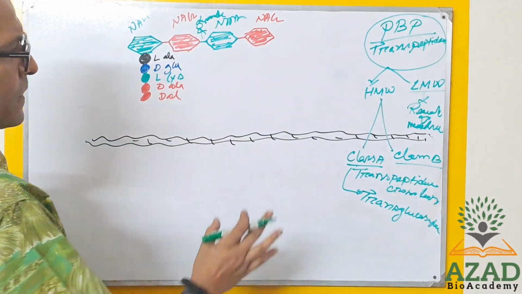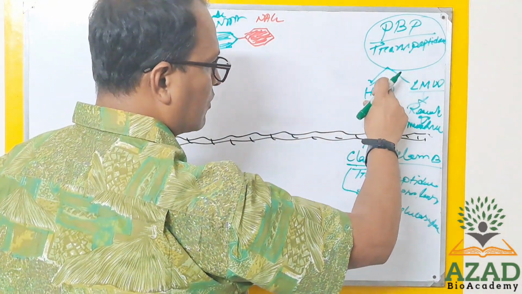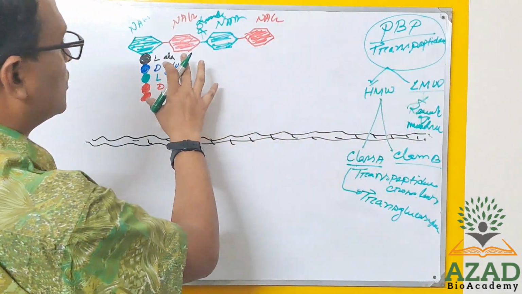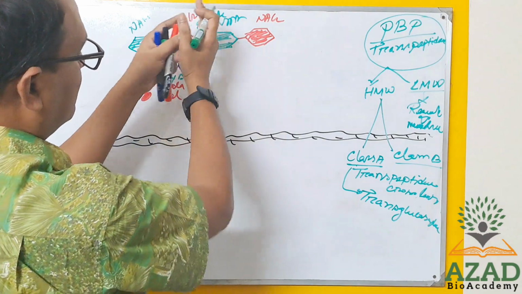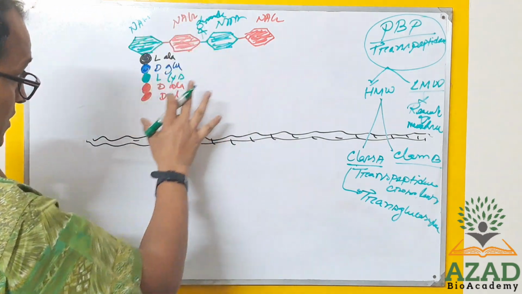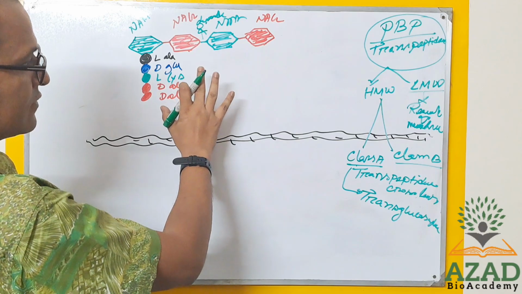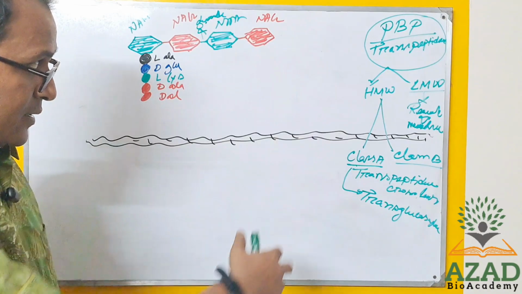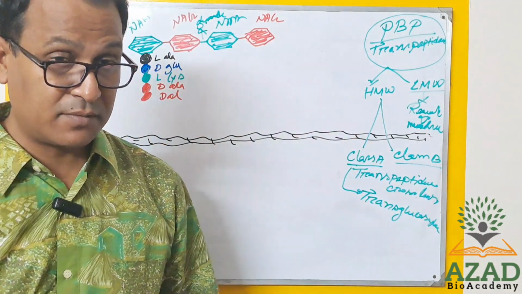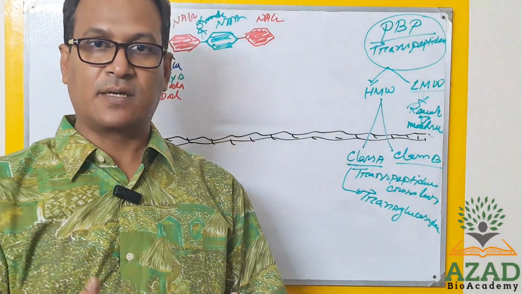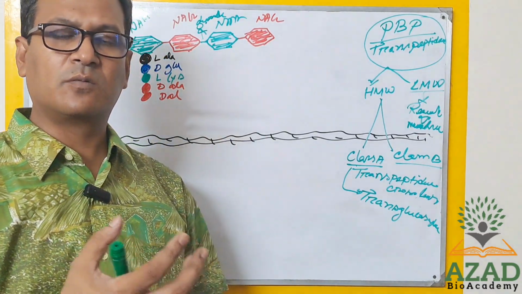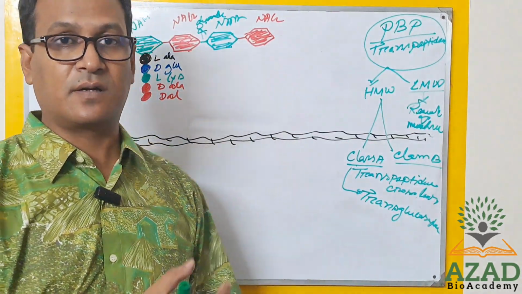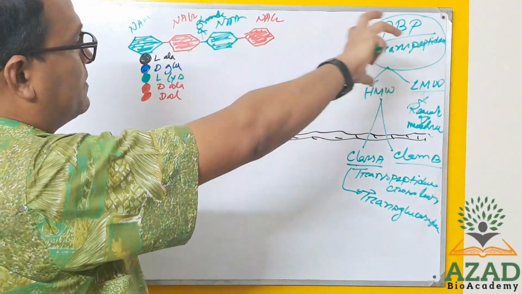Now both high molecular weight and low molecular weight PBPs work together to form cross-linking and peptidoglycan. Both enzymes work for this. So there are multiple transpeptidase activities, but in a single bacterial species, almost 6, 7, 8 transpeptidase enzymes will be available to form the peptidoglycan layer.